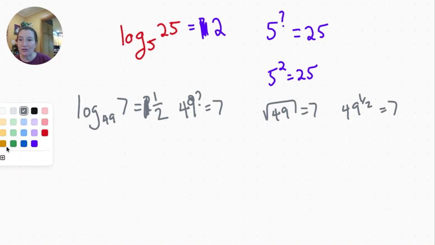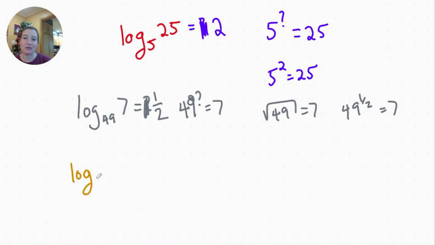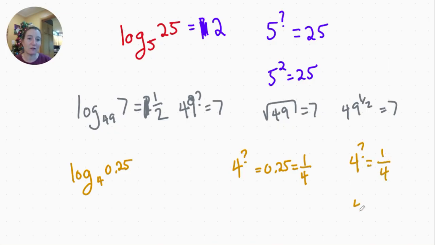Or I could ask you something that uses another kind of unusual exponent. What if I ask you for the base 4 log of 0.25? So that's asking 4 to what power is 0.25? And again, you might recognize that as a fourth. 4 to what power is 1 over 4? That's -1. 4 to the -1 equals 1/4.